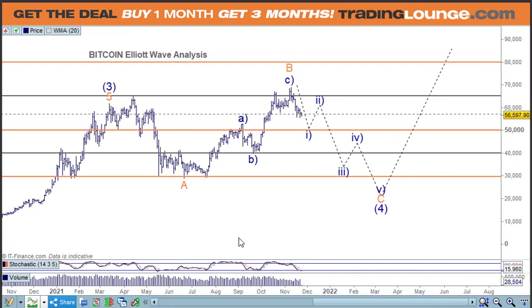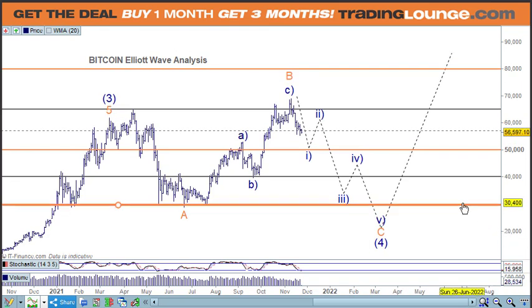So we would need to see a deeper 5 waves come into play at least for this. But will that occur? I don't know. But that's the only other logical count that I could see playing out in all of this.